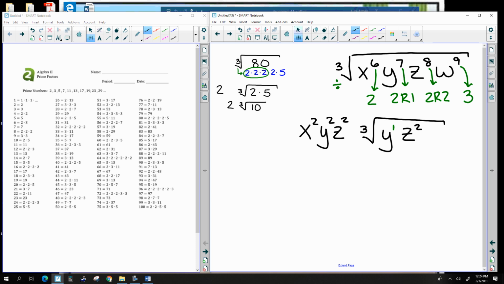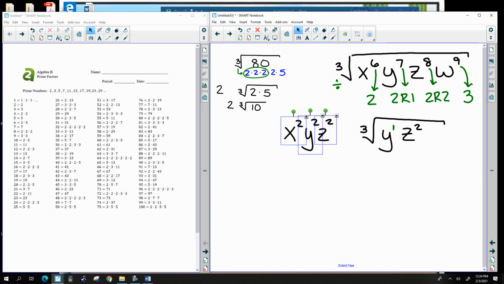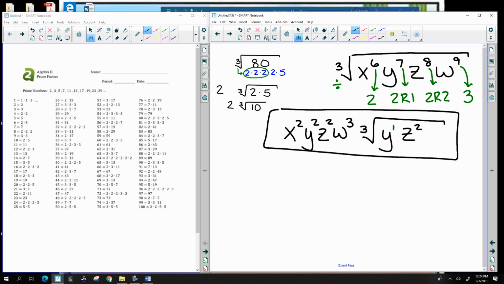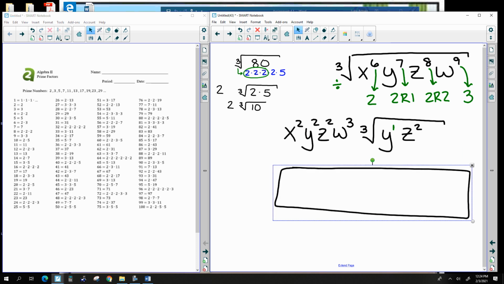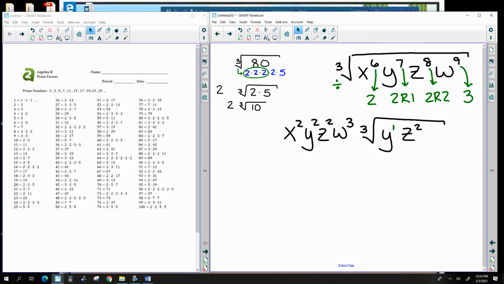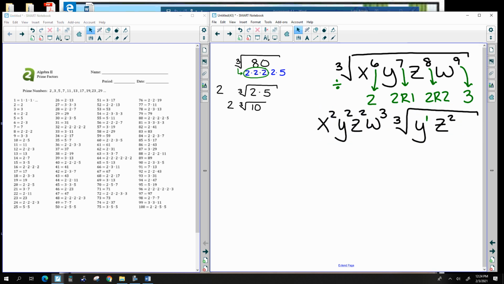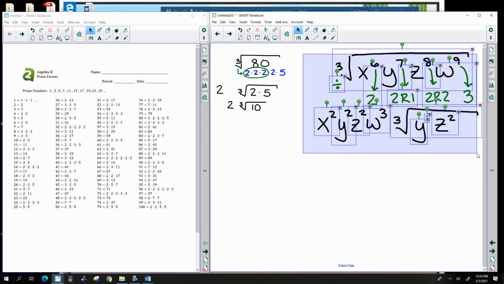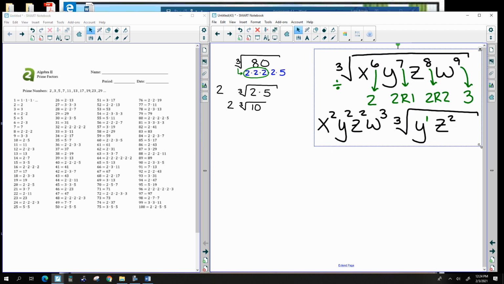And the w, I'm able to take out 3 of them, so I take out 3 straight up w's, and there is none left over. So this would be your simplification right there. That's the next key item of today.